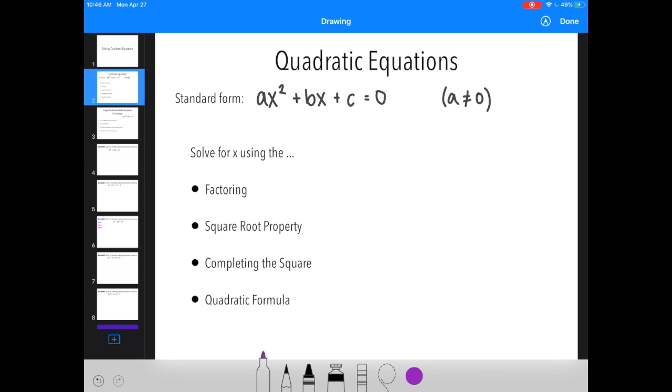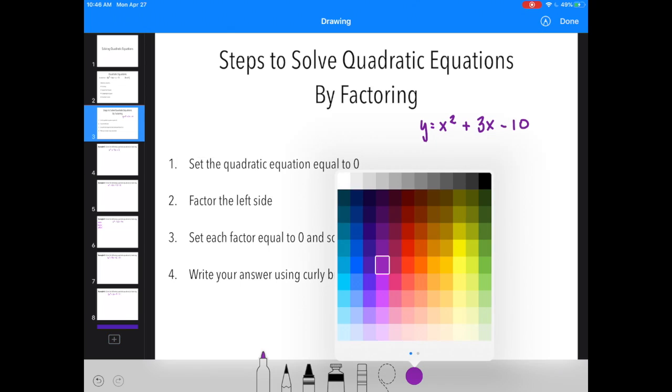Most of the time, our a value is 1, and we're given problems as x squared plus bx plus c. We saw this a lot when we were factoring, and we're going to be seeing more of that today. The 4 methods to solving for x are factoring, square root property, completing the square, and quadratic formula. So today we're going to be starting on that first process, which will be factoring.